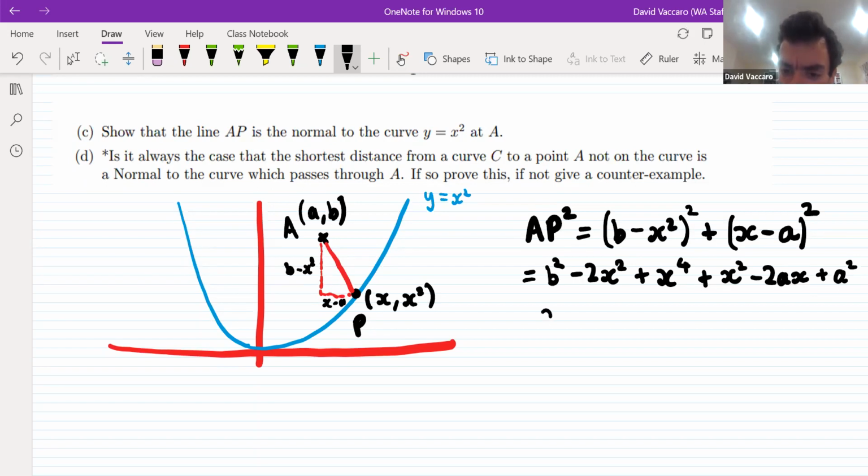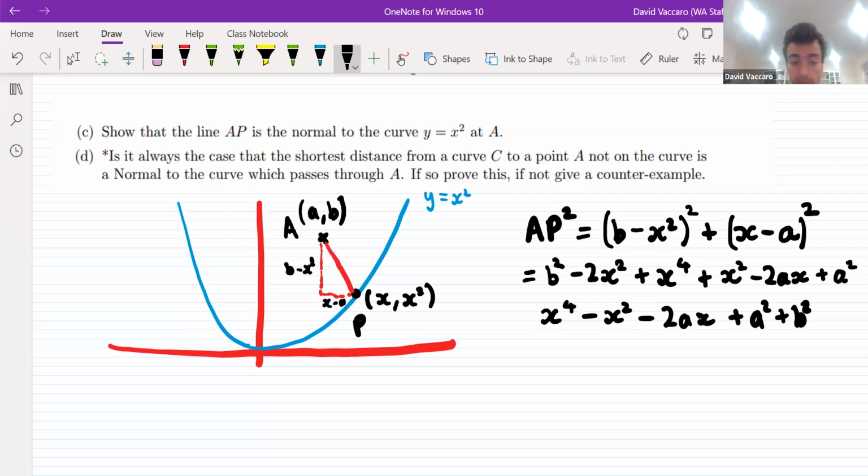And so I get x to the 4 minus 2b x squared plus x squared, so that's x to the 4 plus (1 minus 2b) x squared, minus 2ax plus a squared plus b squared. And so that's my AP squared.